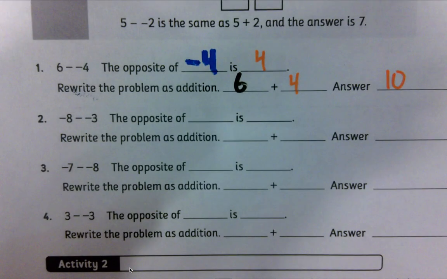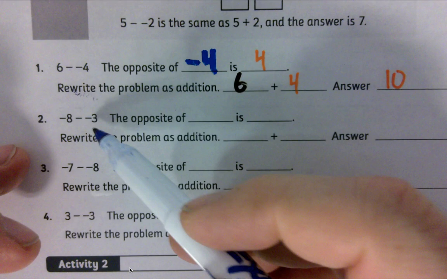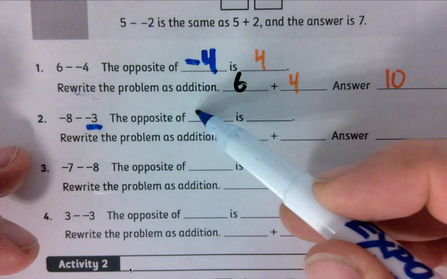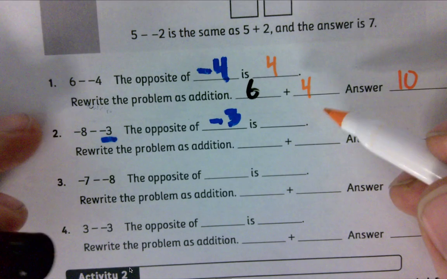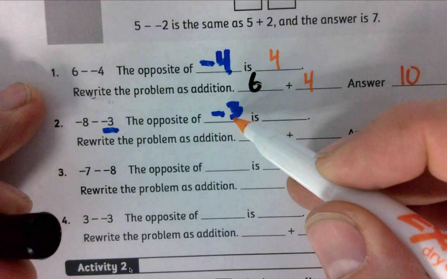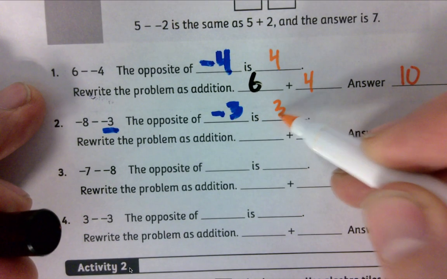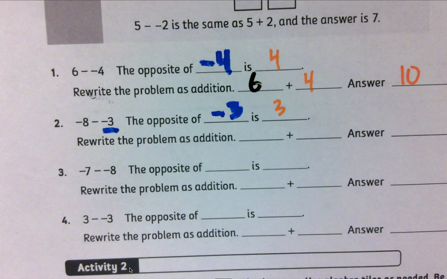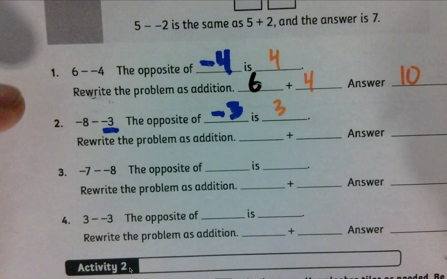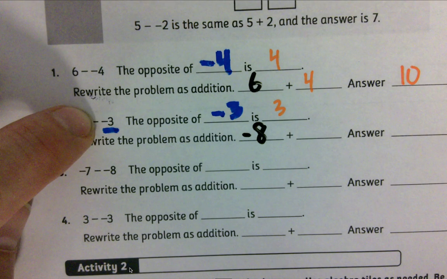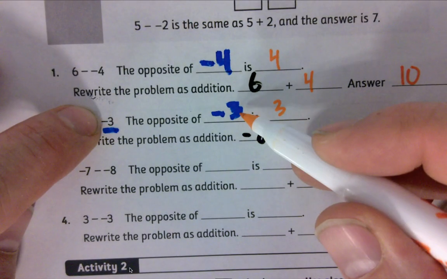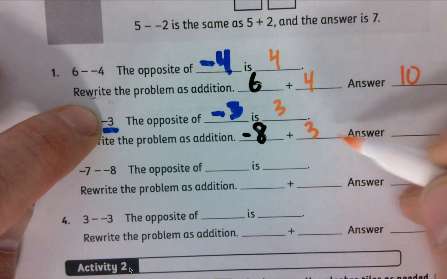We're always going to add the opposite. So that's this guy. The opposite of a -3, we want to see, is a +3. So then we rewrite the problem. A -8 plus, we switch that to plus, the opposite of a -3 is +3.